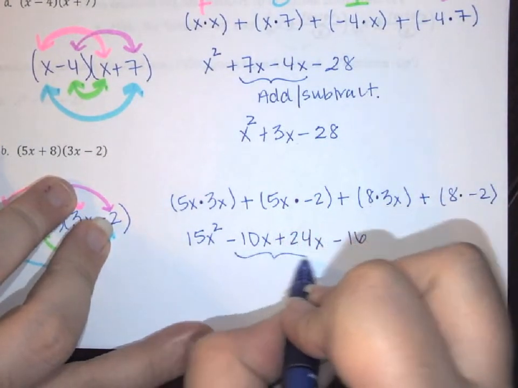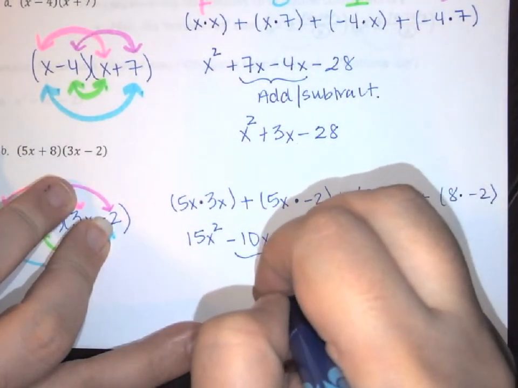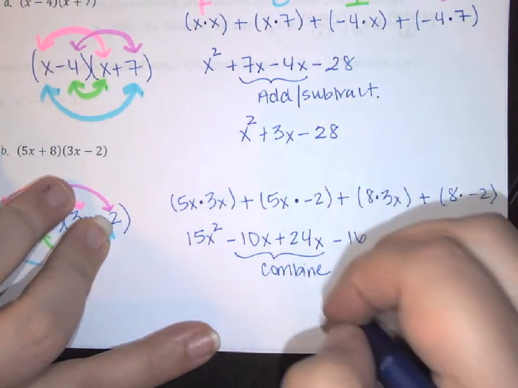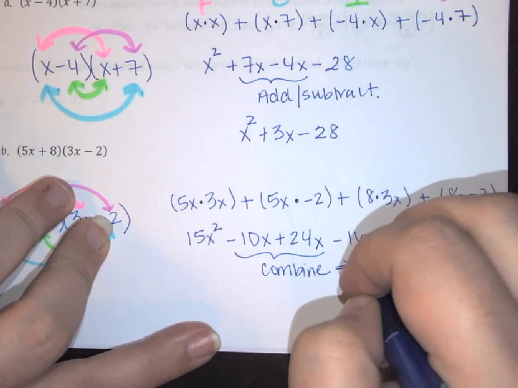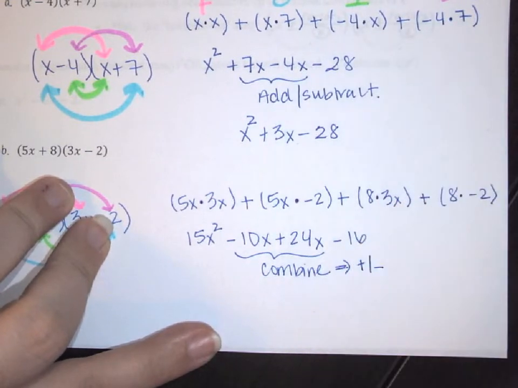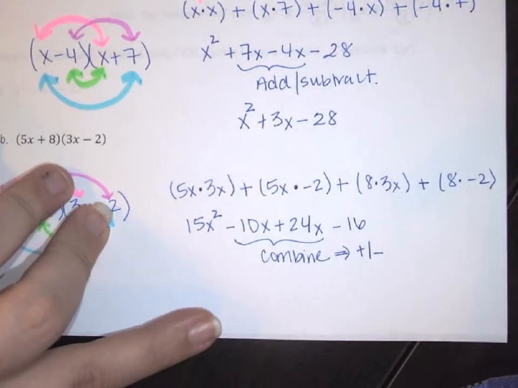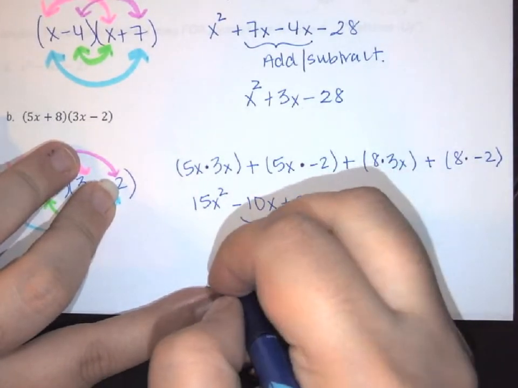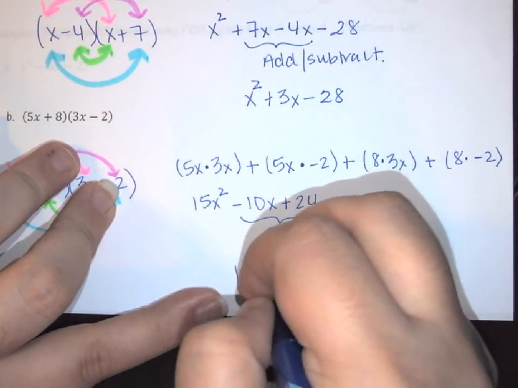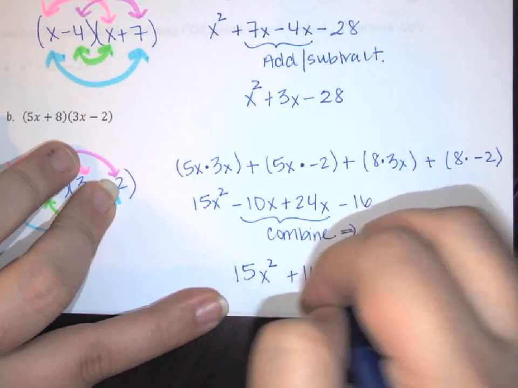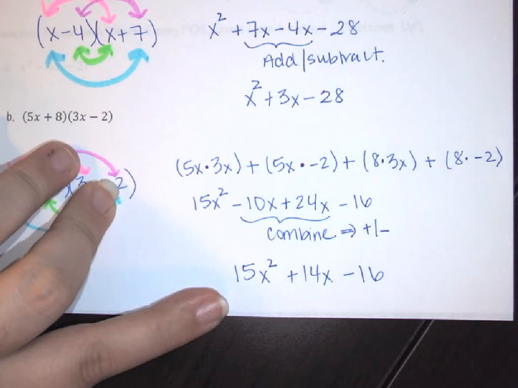Again, these two middle parts have to be combined. And you're going to combine them through addition or subtraction. So you're going to add or subtract. And in this case, I have negative 10 plus 24, which is 14. So I have 15x squared plus 14x minus 16.